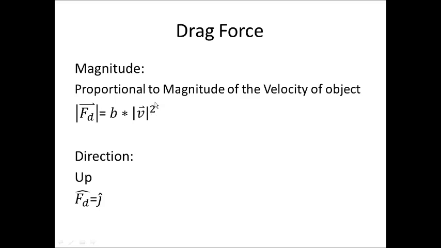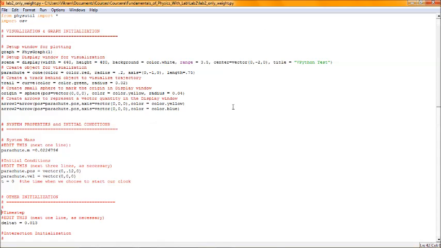It's squared because it's the turbulence drag force. Now next is the direction of the drag force. This is always in the direction up. So the drag force hat equals j hat, which we use as up.